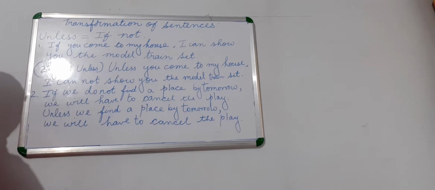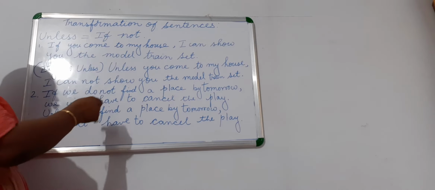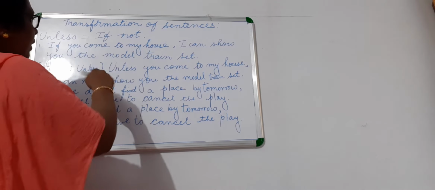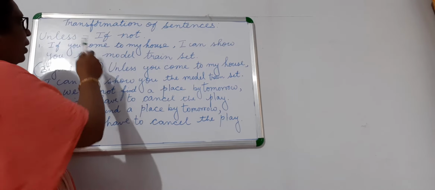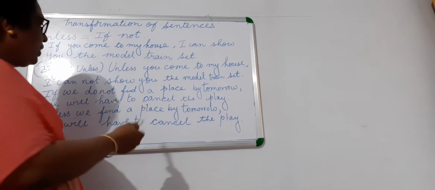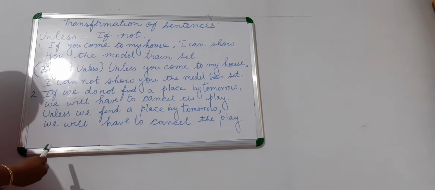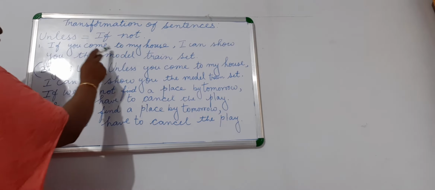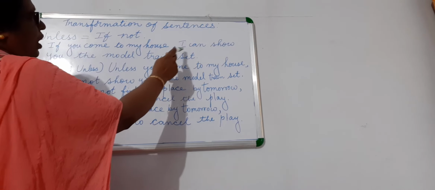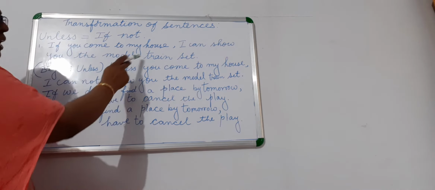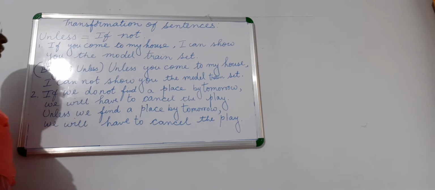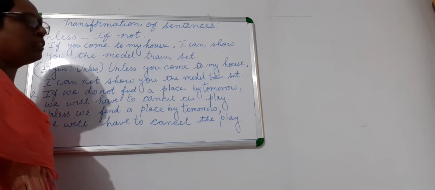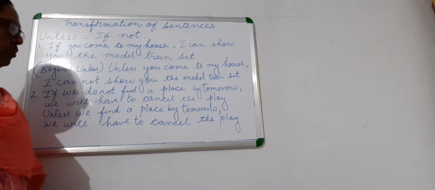Here I have taken 2 sentences to explain how to rewrite the sentences by beginning with unless. The first sentence: if you come to my house, I can show you the model train set. And you are asked to begin this sentence using unless.